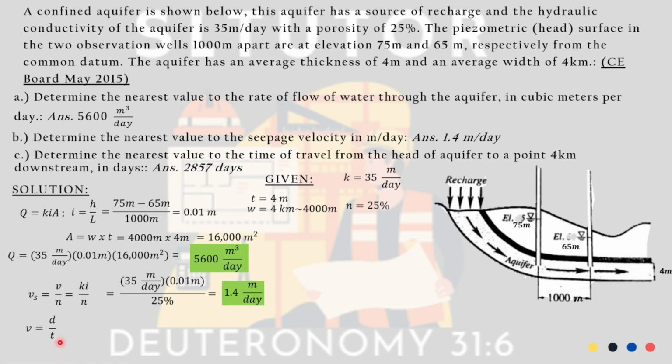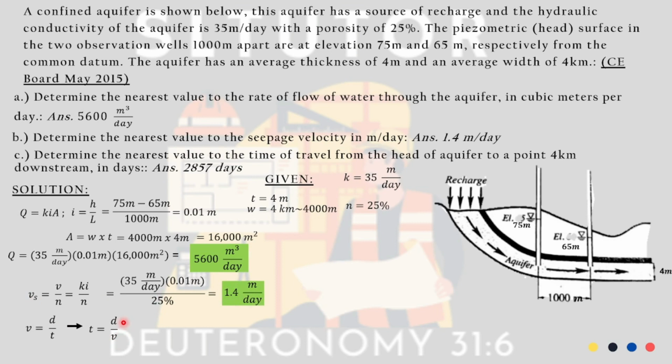Physics po natin. Velocity is equals to distance over time. Ang hinahanap is time. Di transfer ko lang dito yung time, tapos ibaba ko yung velocity. So, time is equals to distance over velocity. Yung velocity, 1.4 meters per day na yan.